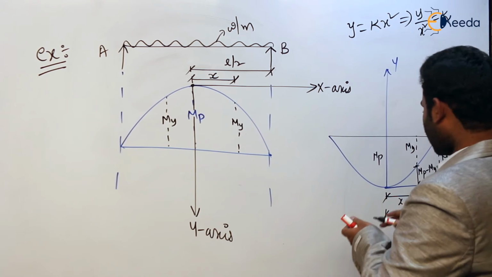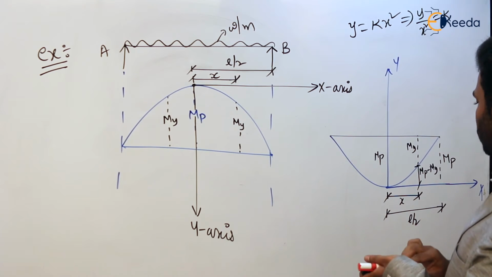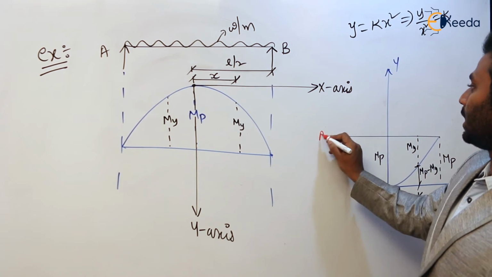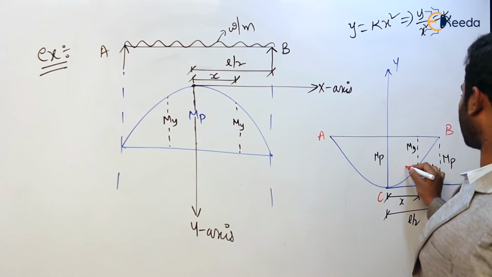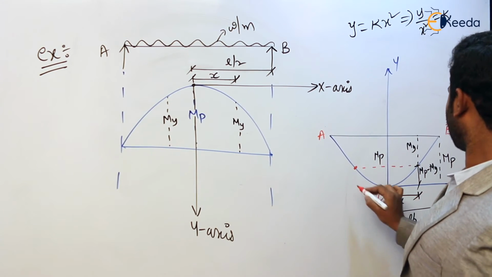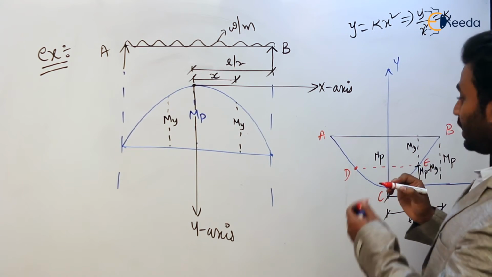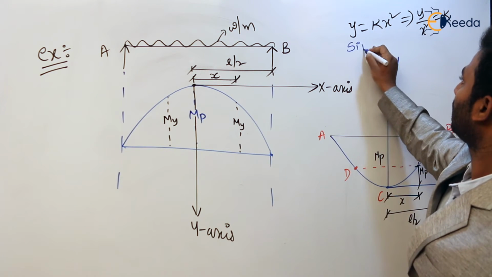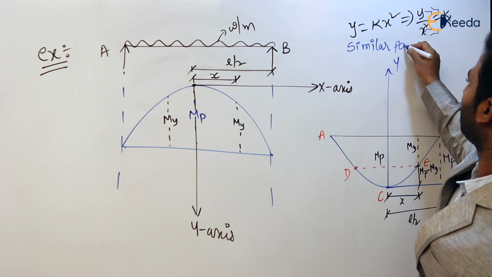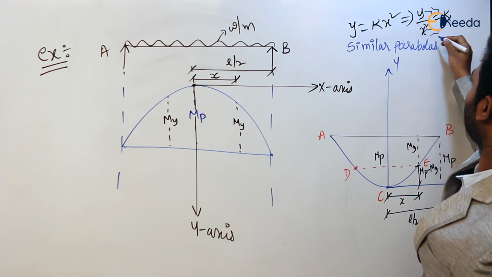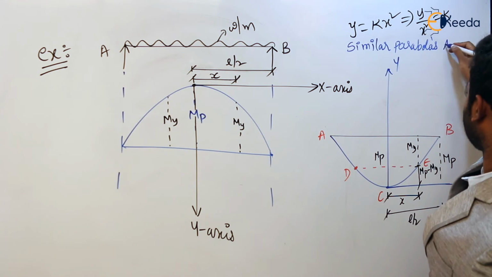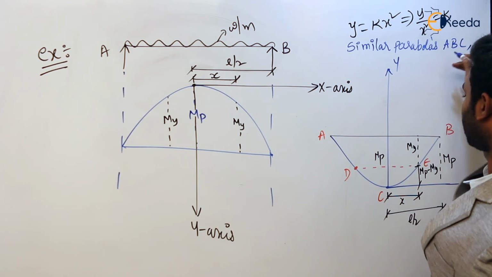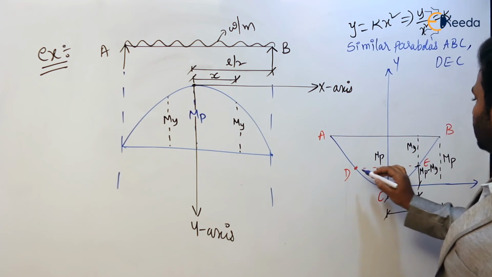Agree or not? Now in this I am going to consider two parabolas. This is the center point C, this is A and this is B, and this point D, E. I am going to consider similar parabolas: ABC is one parabola and DEC is another.